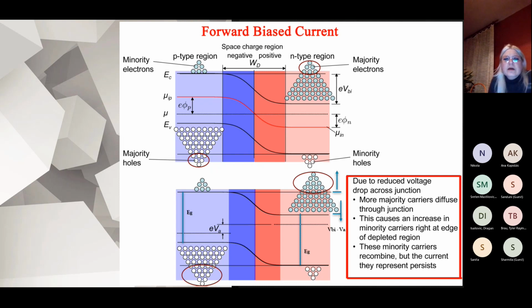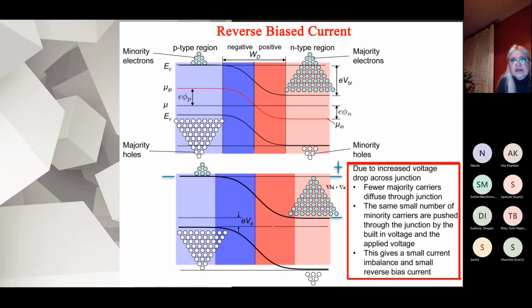Okay. Before we go to the ideal diode equation, we're just going to check what happens if we have a reverse bias current. So in the reverse bias, it will be the opposite story.